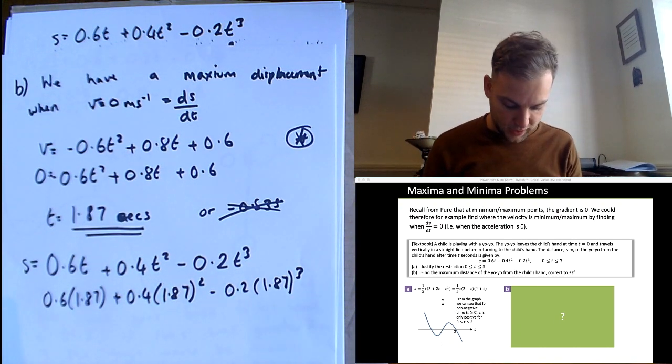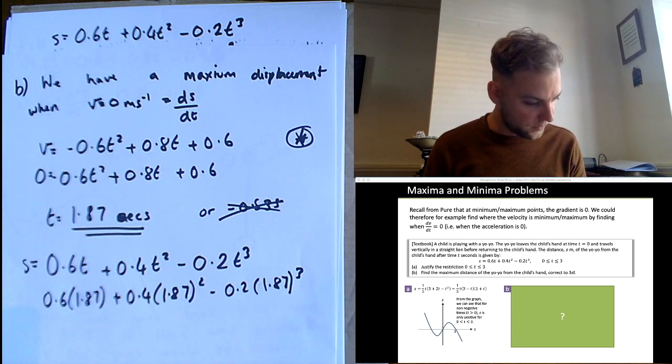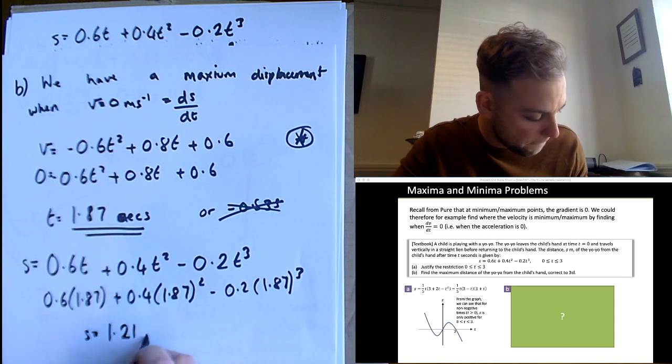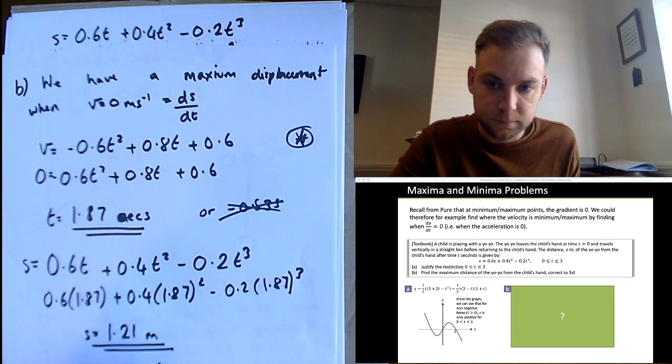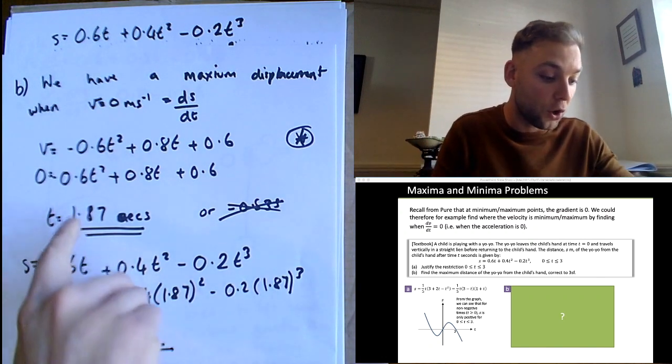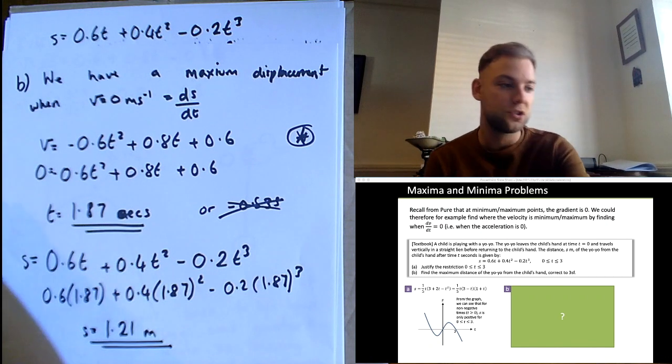So with this one, let's sub all that in. 0.6 times by 1.87 plus 0.4 times by 1.87 squared minus 0.2 times by 1.87 all to the power of 3. So that's equal to, displacement is equal to 1.21 meters, like so. So there's the maximum distance away from the hand, and that occurs at time 1.87. So let's just check that that's right.